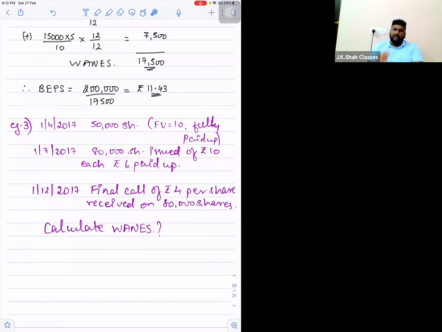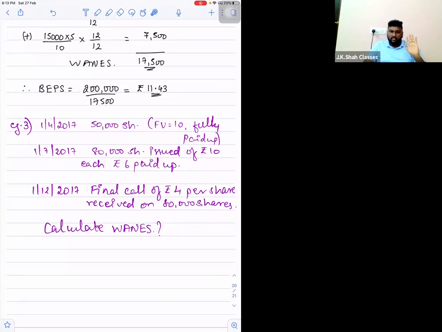So in such cases, how to calculate the weighted average? Means, sir, for these 80,000 shares, July, August, September, October, November, for a period of 5 months, they are partly paid up. And on 1st December, when the final call is made and paid by all the shareholders, from December, January, February and March, 4 months, they become fully paid up.